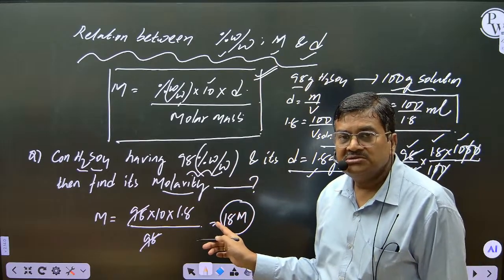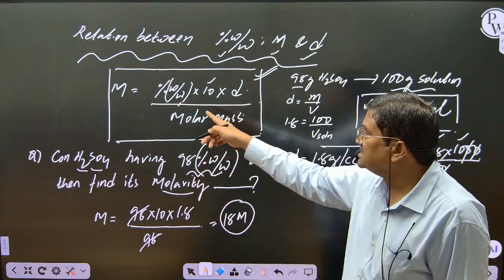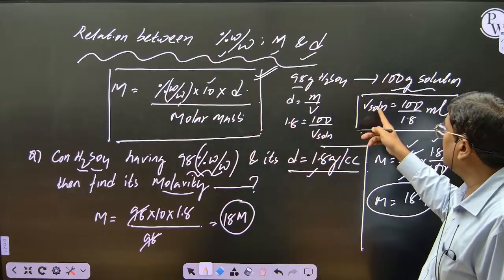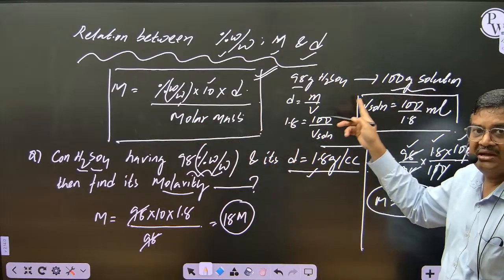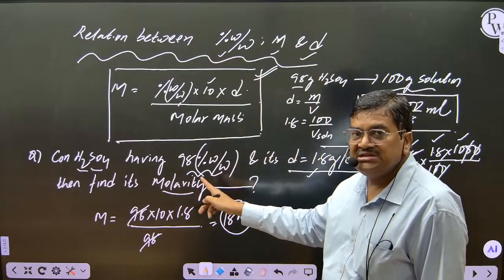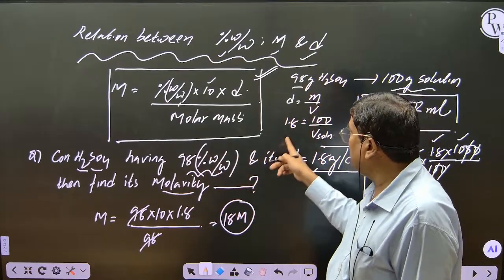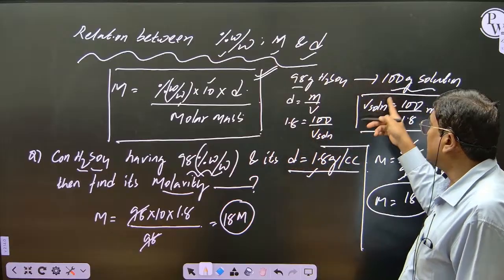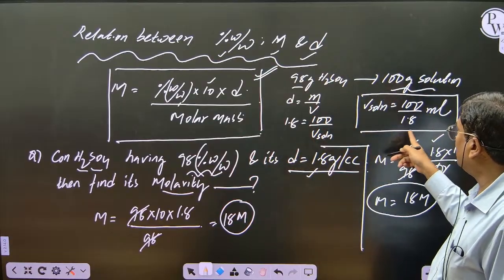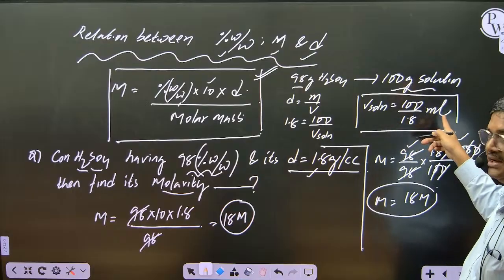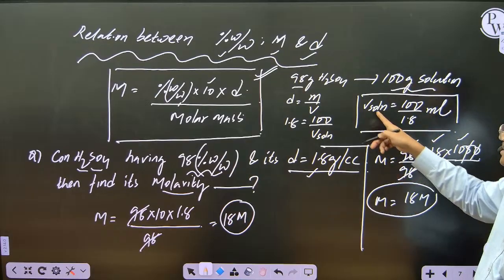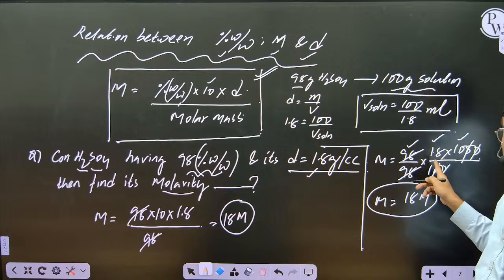Clear? Followed? So without the formula, see, the mass percentage given means 98 grams is present in 100 grams. Density given, what is density? Density is mass per unit volume. Density also given, 1.8, and mass of solution is 100. Volume of solution we found here. This is 100 by 1.8 ml. Now molarity, I substituted 98 by 98 into 1.